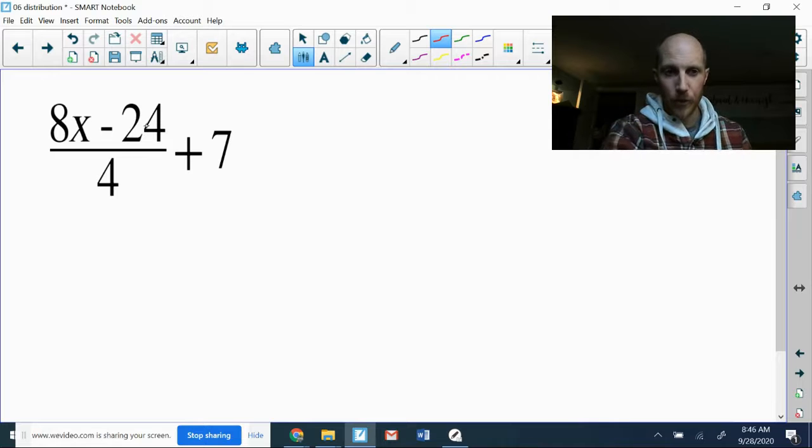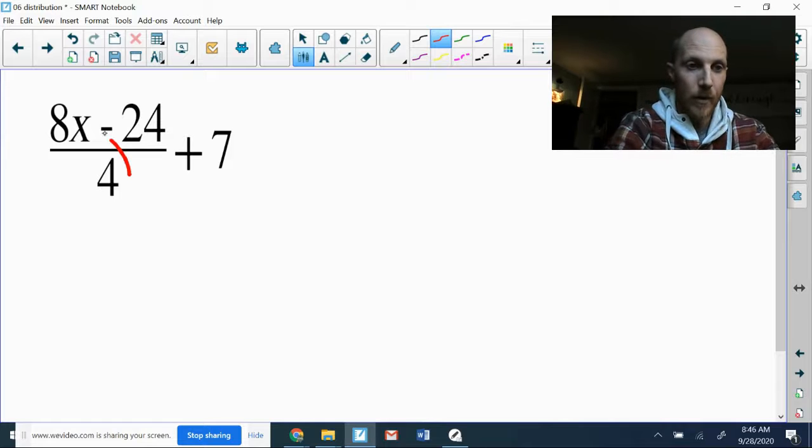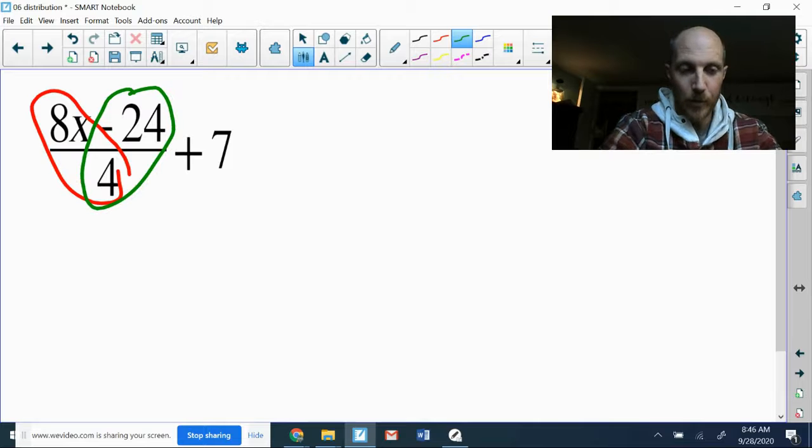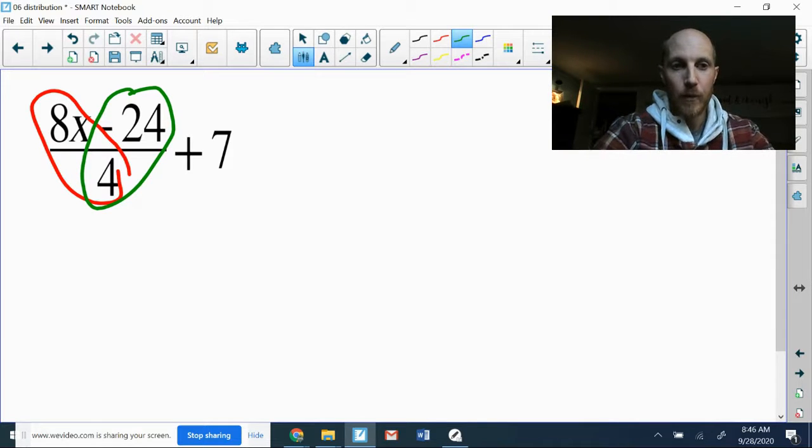Okay, so the 8x minus 24, those are all grouped together as part of a division problem, right? So I need to take each of the separate terms and divide each term by 4. So I'll have to do 8x divided by 4 and minus 24, or I'll probably call it negative 24, also needs to be divided by 4.